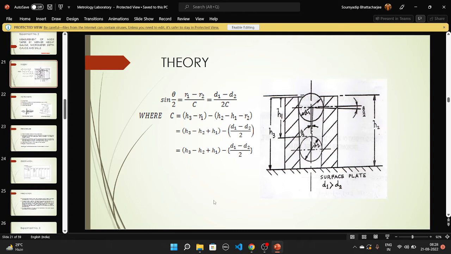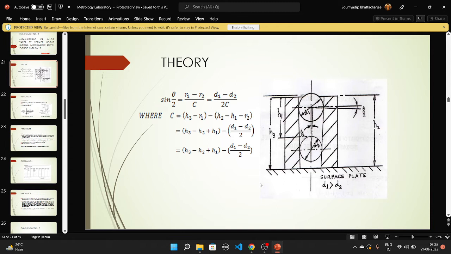Should I draw it in the drawing here, or quickly I will draw it on the class board? I'm telling you about the theta by 2 value. Do you see how it has been taken? One line is the line between the two centers, right?